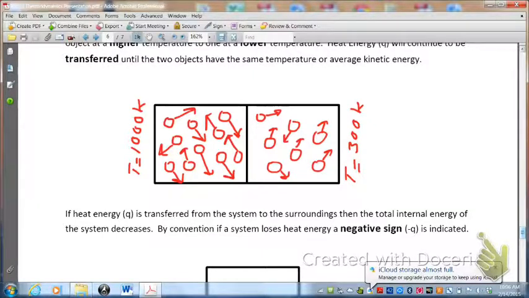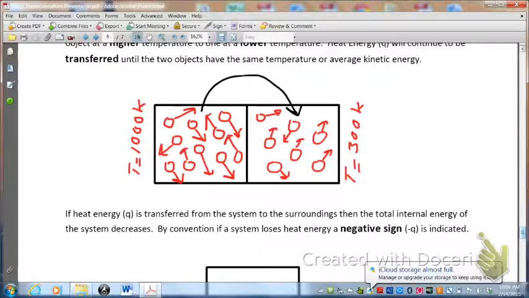So we have our two systems. They're in contact with each other. They're both at different temperatures, so obviously there's going to have to be a flow of kinetic energy. And so which way is the heat going to move or transfer? If you said from the higher temperature to the lower temperature, you would be correct.